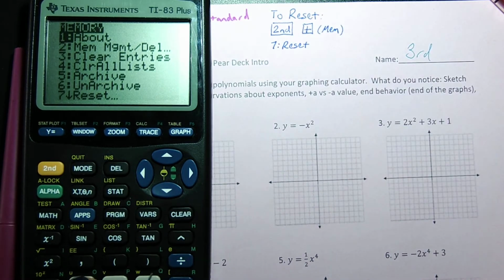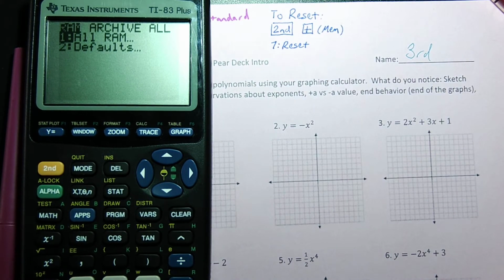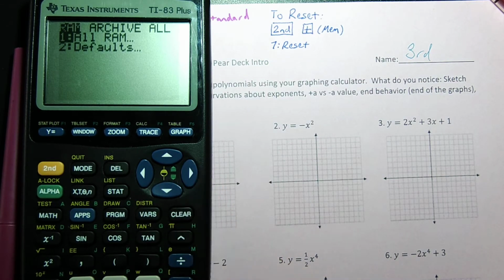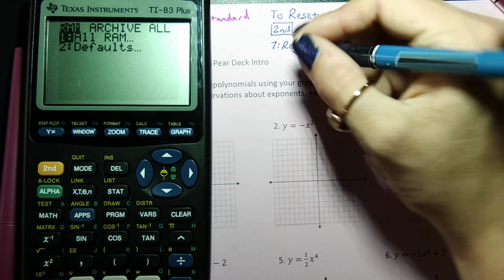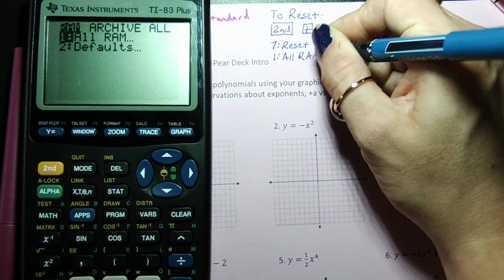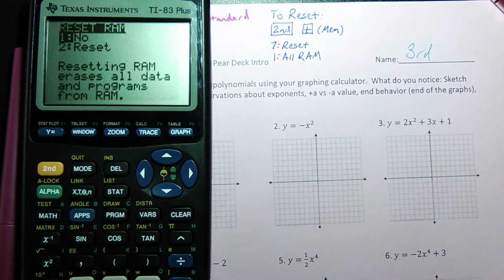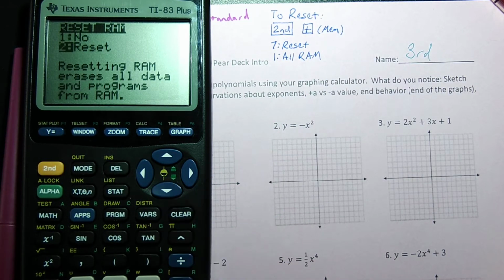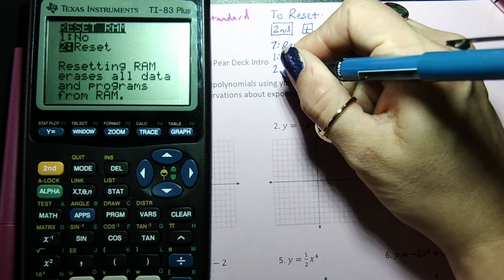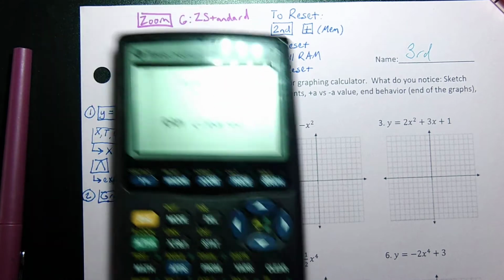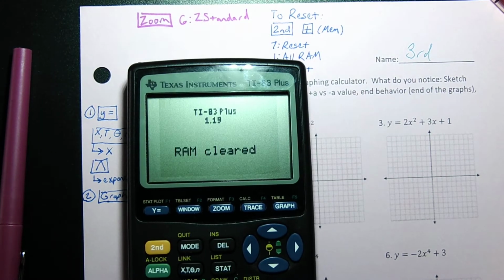Press enter on it, obviously, or I guess you can just hit the number 7. That's good too. We want to select all RAM. So 1, all RAM. Enter all RAM. And then you have to arrow down and select option 2, which is reset. And you should get a RAM cleared to show that it's done.